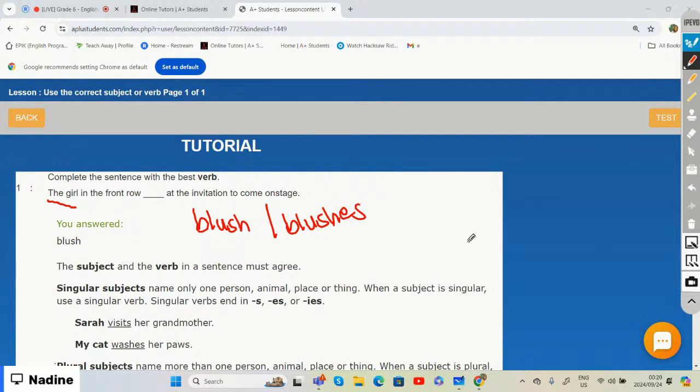So the girl, do we say blushes because it's one girl, or do we say the girl blush? Think of when you use a singular subject with a singular verb.